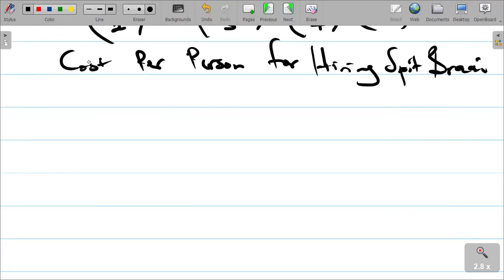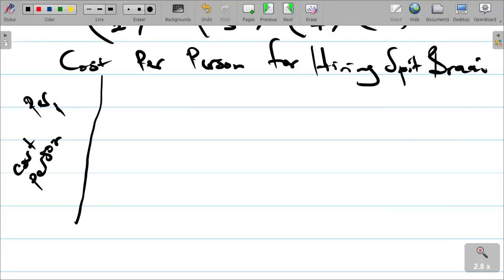That is the title of our graph. And then cost per person goes on the vertical axis, which is in rands.